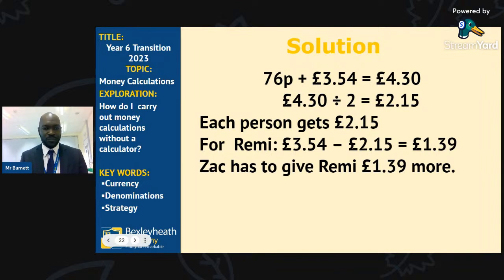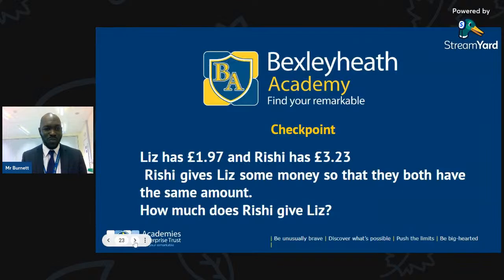All right, so Miss, we now have a question where our students will try this by ourselves. Remember the word checkpoint. So this is now to check to see if we can do this question by ourselves now. This time it's Rishi and Liz.